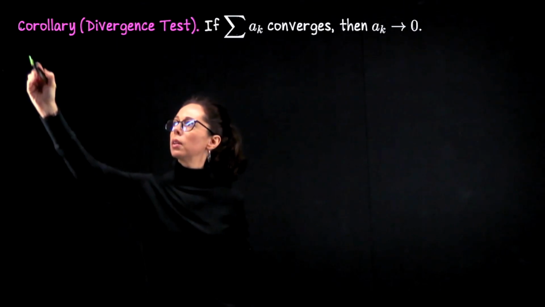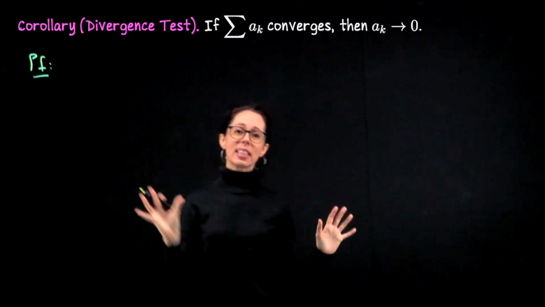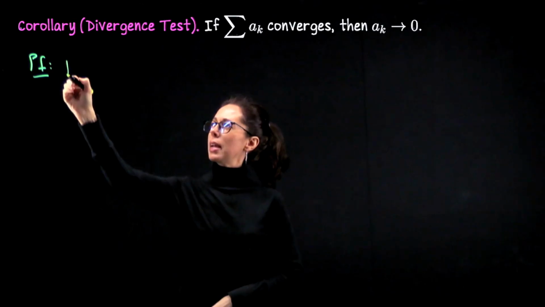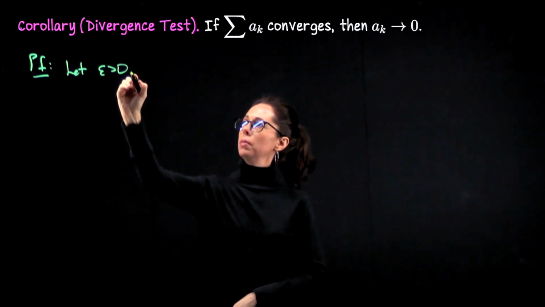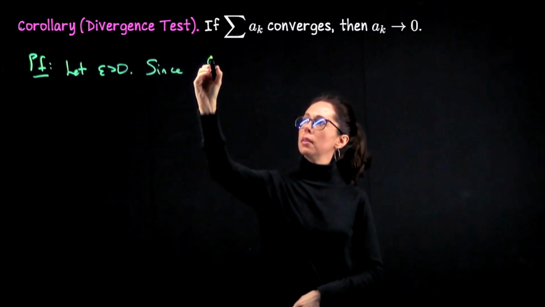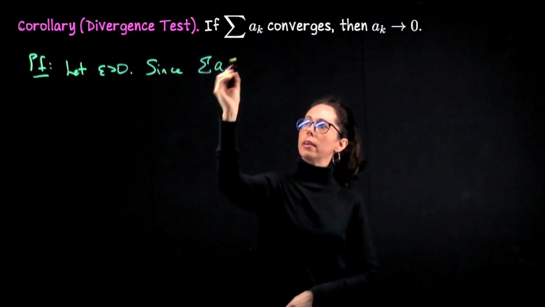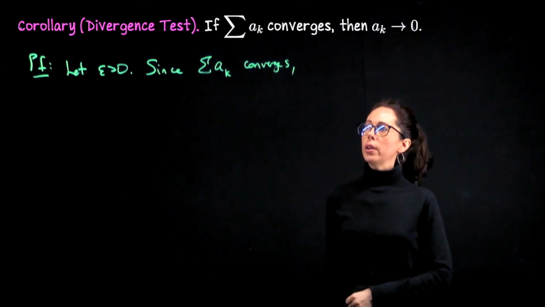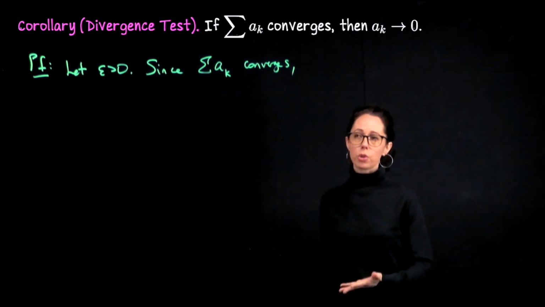Proof. Notice here the hypothesis is that the series converges, so we know that for free. Let epsilon be greater than 0. Since the series a sub k converges, we know that the sequence of partial sums is Cauchy.